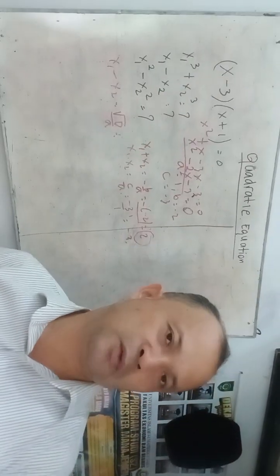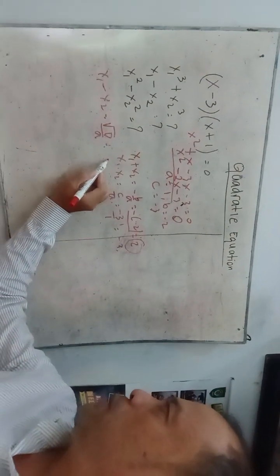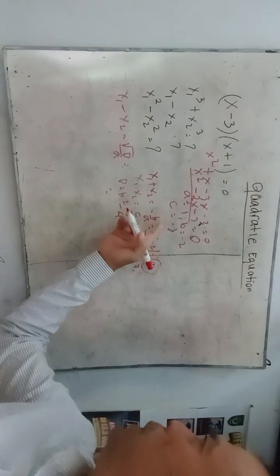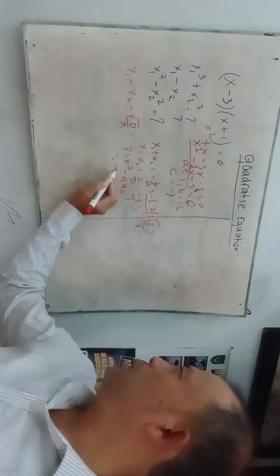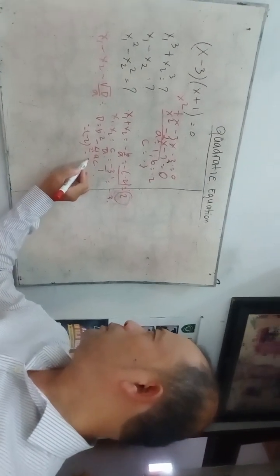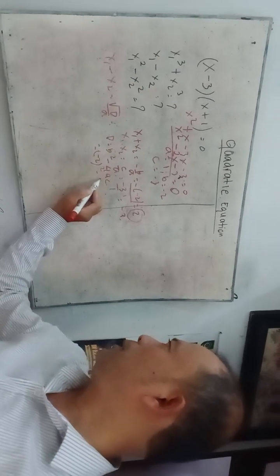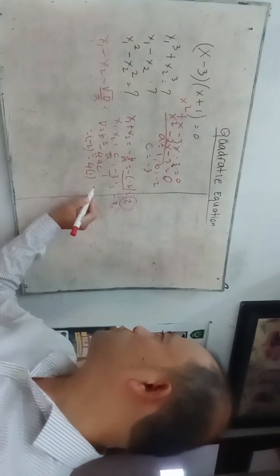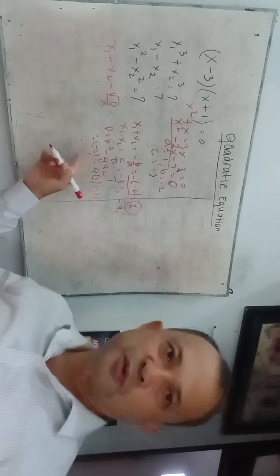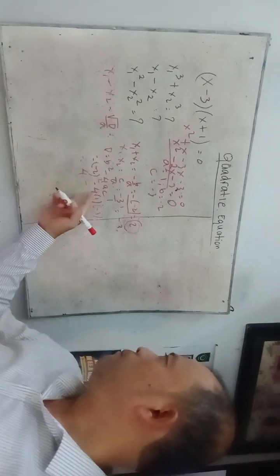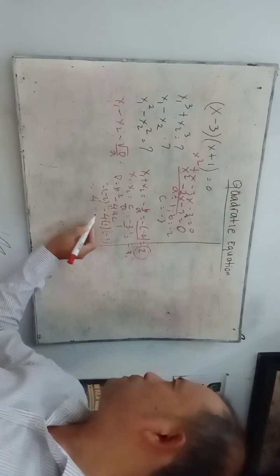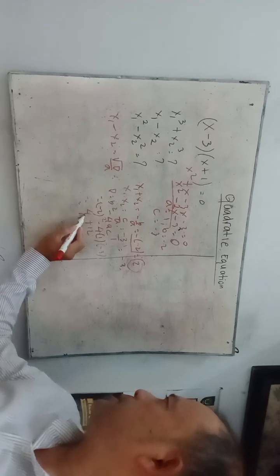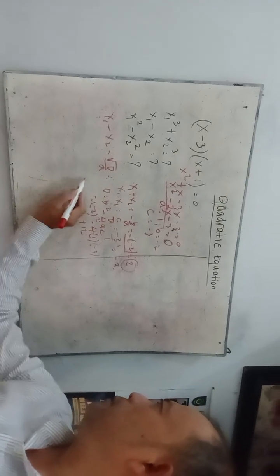You know that D is the discriminant, D equals b squared minus 4ac. b is minus 2, so minus 2 squared equals 4, minus 4 times 1 times minus 3 is plus 12. So we have 16.